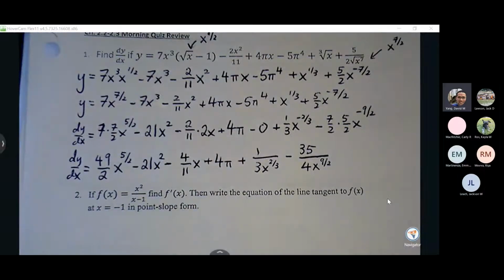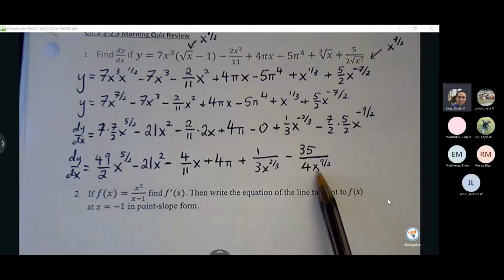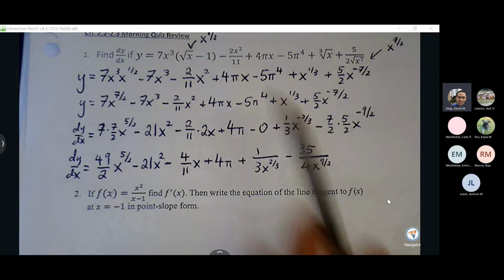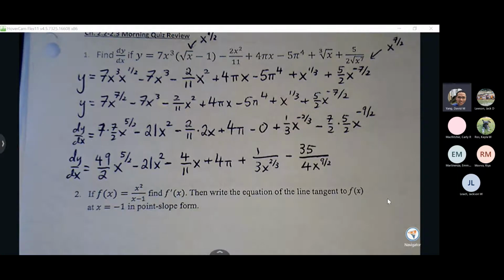Put that in radical form on the denominator. You can, yeah, you can leave things in radical form. You can have this as square root of x to the 9th. But just no negative exponents in the answer.